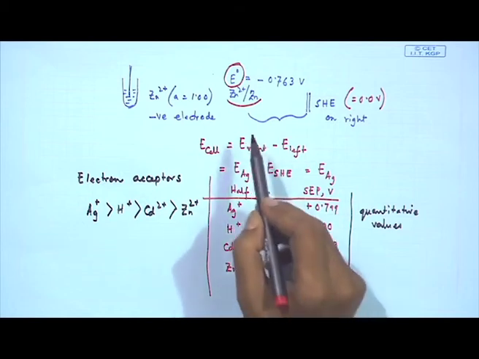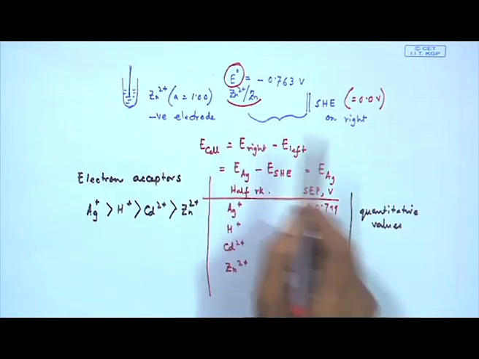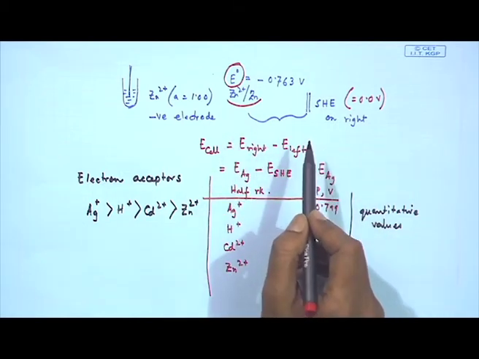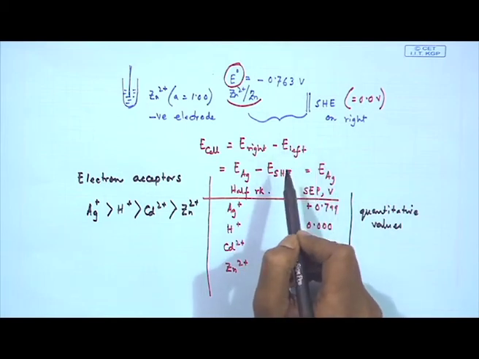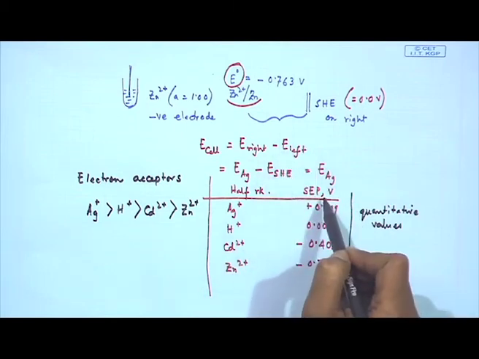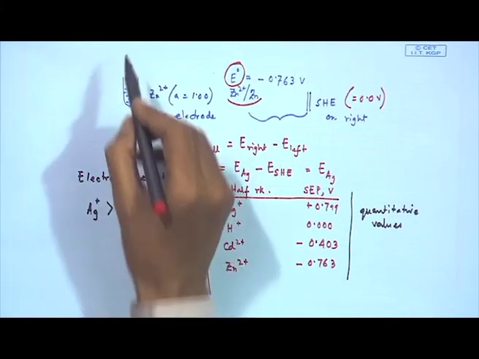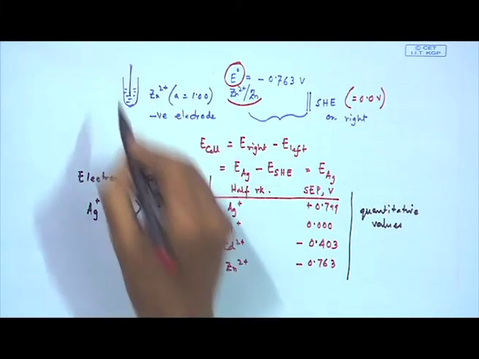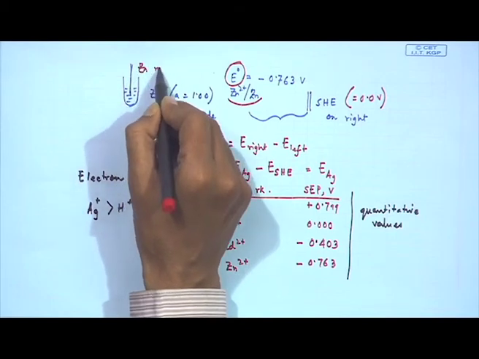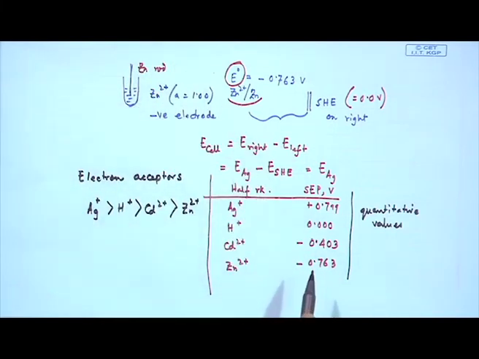If we have a standard electrode, we can generate the standard electrode potential, where the zinc rod is dipped inside the zinc solution of unit activity, giving rise to some potential.